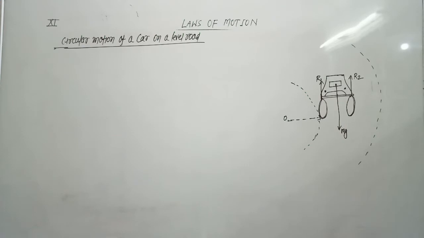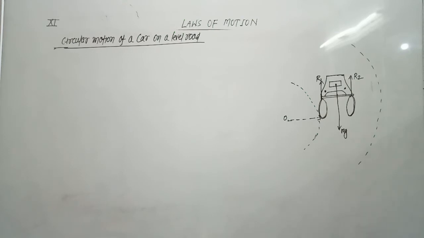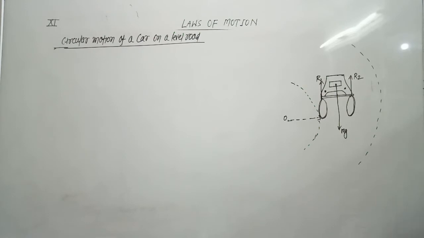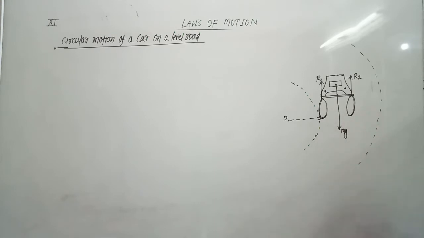And when the car turns in a circular path, both the wheels tend to move in an outward direction, away from the center.